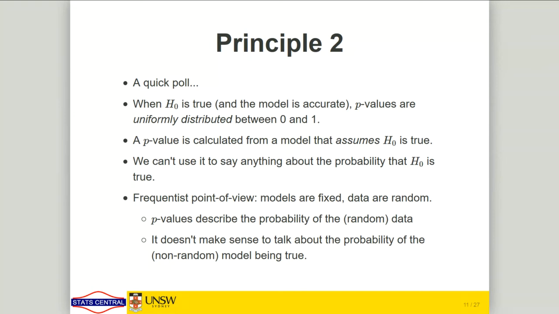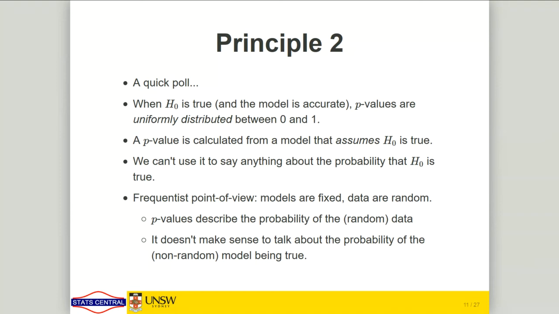Getting even more technical, from a frequentist point of view, models and parameters are fixed. They're fixed values we're trying to work out, whereas data are random, so you're randomly sampling data. And p-values describe the probability of random data, the probability that you would see the data that you got given the model.